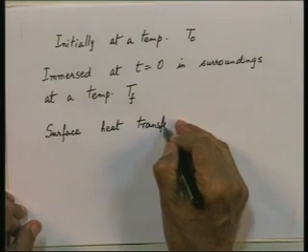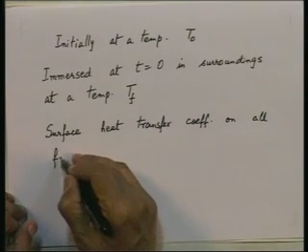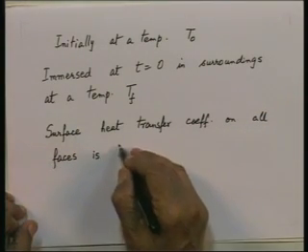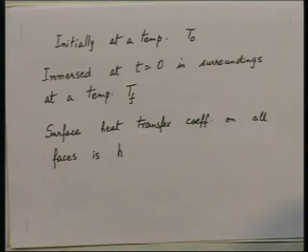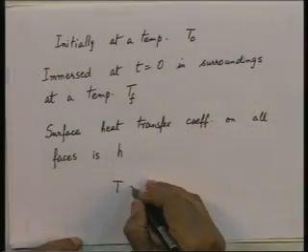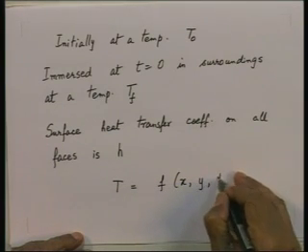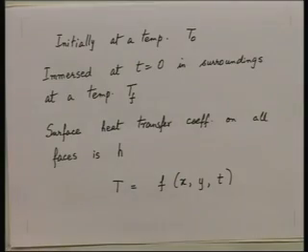Surface heat transfer coefficient on all faces is H. Find the temperature in this rectangular bar as a function of x, y and time. That is the problem. T, the temperature in the bar will be a function of x, y and time. It will vary in 2 dimensions x and y, it will also vary in time. Find the temperature distribution in this bar as a function of x, y and time.